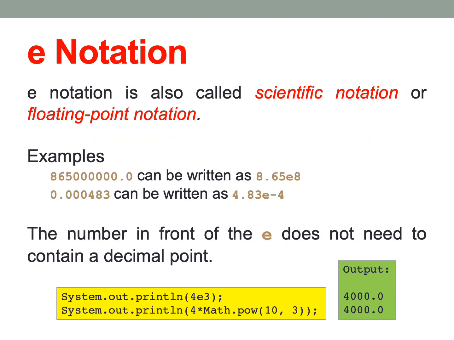E notation is also called scientific notation or floating point notation. For example, the value here can be written as 8.65E8. That is the same as 8.65 times 10 to the power of 8. 0.000483 can be written as 4.83E-4, which is the same as 4.83 times 10 to the power of minus 4.